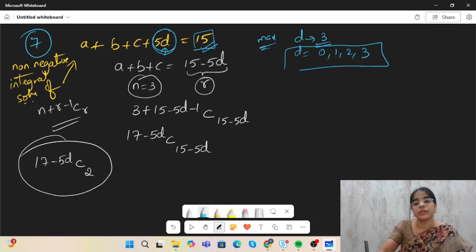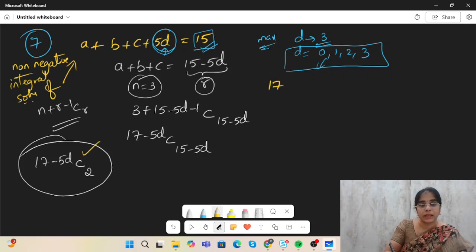So what are the values that d can be holding? Now my answer will be to substitute d equal to 0, 1, 2, 3. Either d can be 0 or d can be 1 or d can be 2 or d can be 3. If d is 0, what do you get?